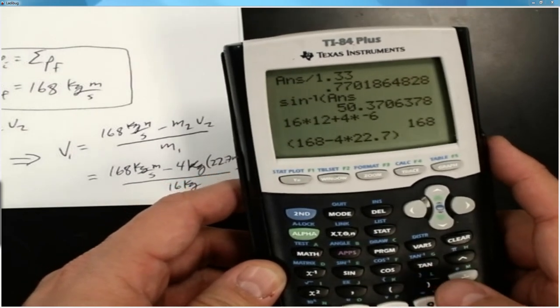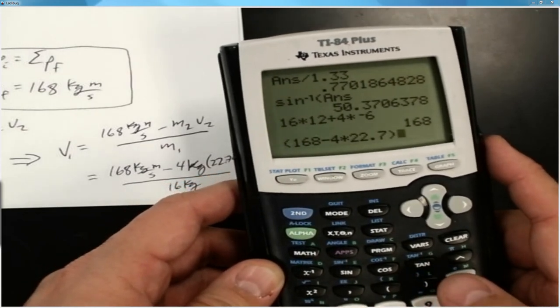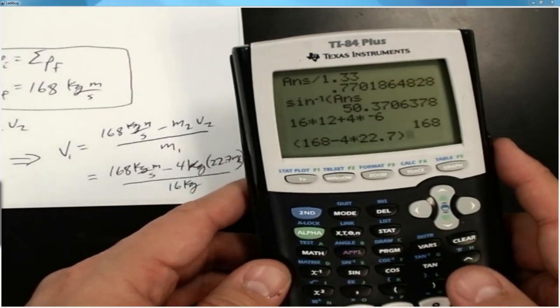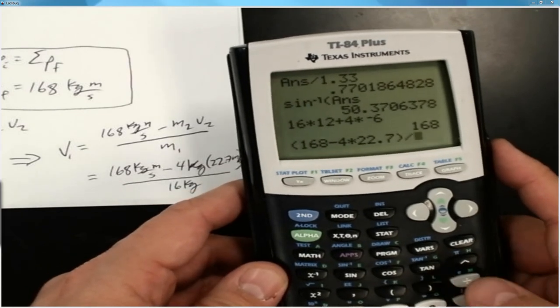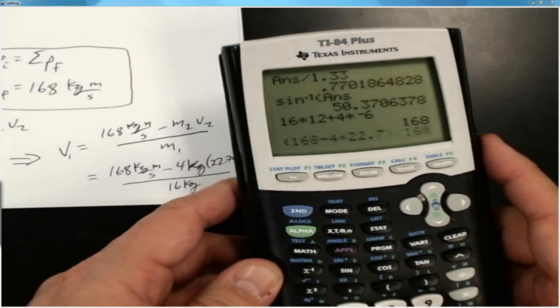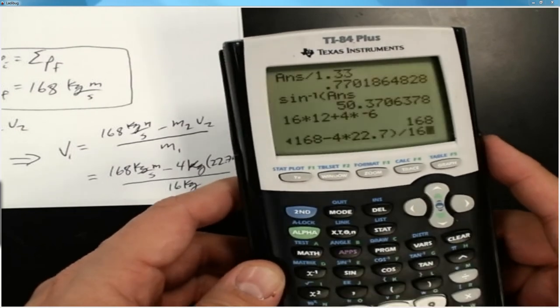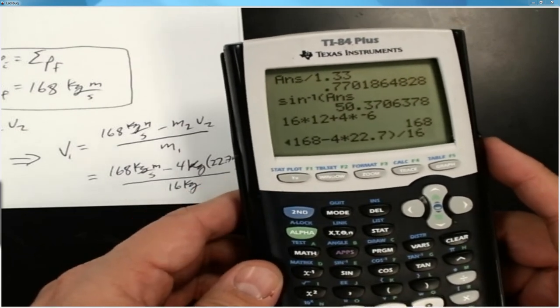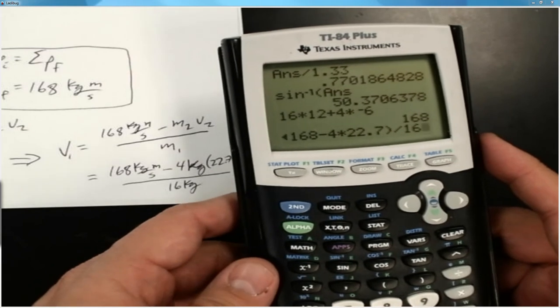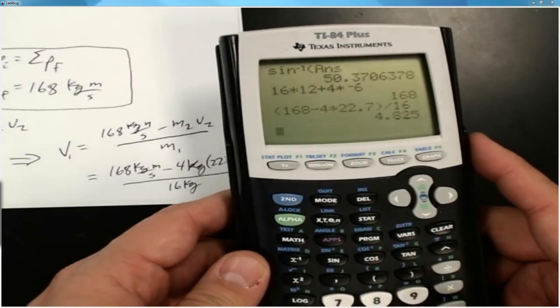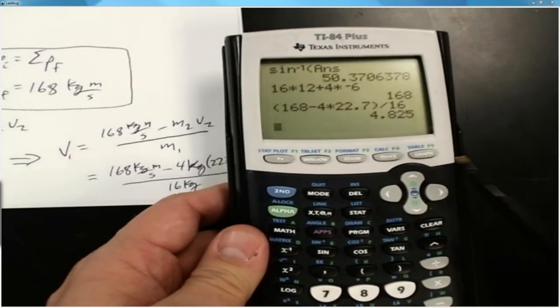Close my parentheses. If you don't close the parentheses, your calculator is not very smart and it will mess up. Divided by 16. Well, technically it is not messing up. You would be messing up, but let me just be nice and pretend. So there we go. This is the correct answer.